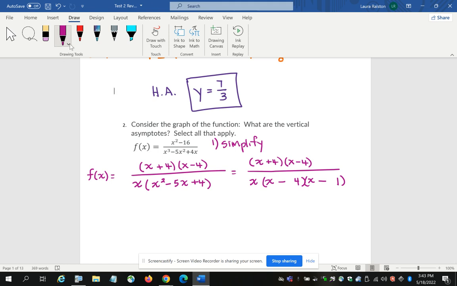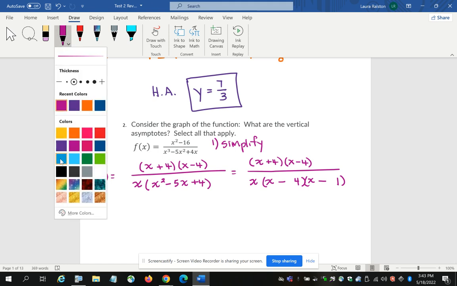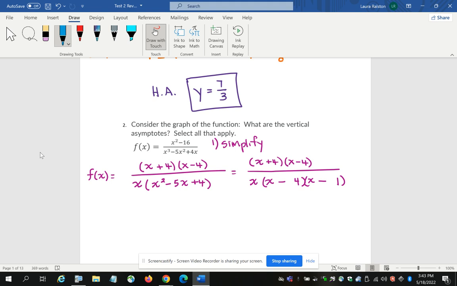Then notice that I have a common factor in the numerator and the denominator. I can divide out x minus 4 so that I have simplified my function to x plus 4 over x times x minus 1. It's important to note this x minus 4.